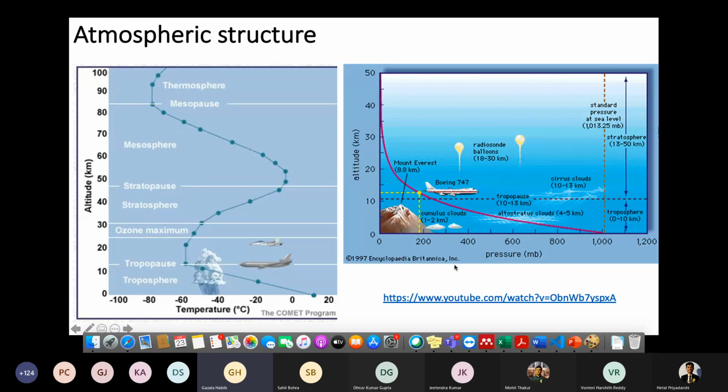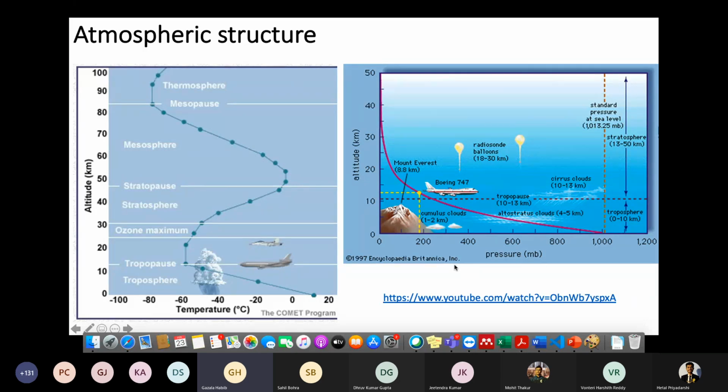Once the earth surface is heated, what will happen? It will re-emit long wave radiation, right? Short wave radiation will be absorbed by the earth, and long wave radiation will be emitted after absorbing the energy. That is the main reason for temperature change in the troposphere.